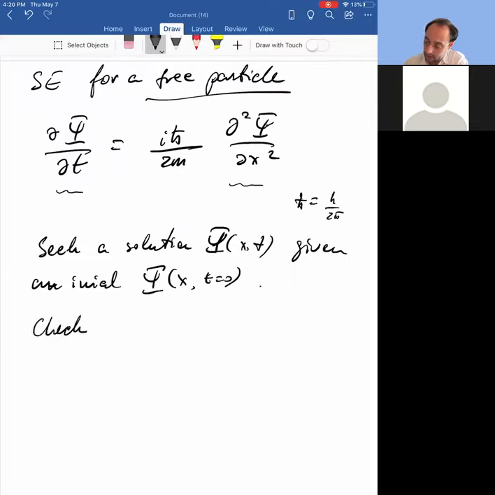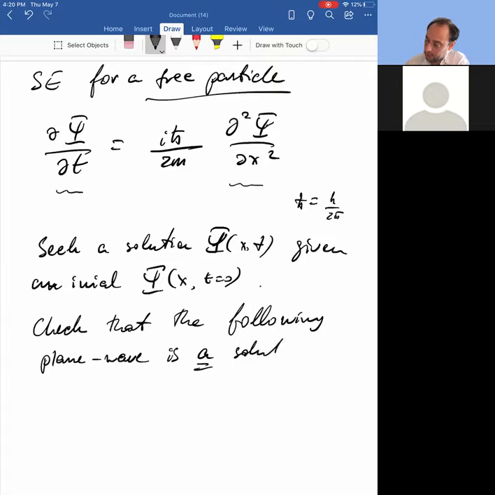Check that the following plane wave is a solution. So here's the plane wave solution: e to the i, kx minus omega t.